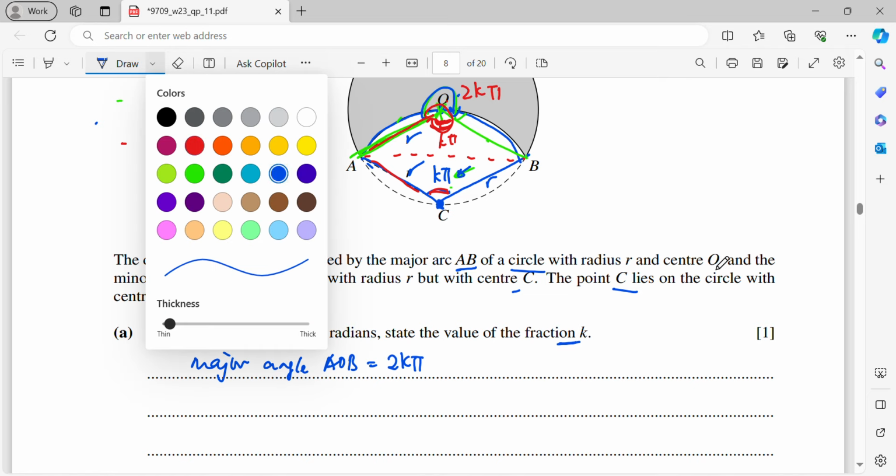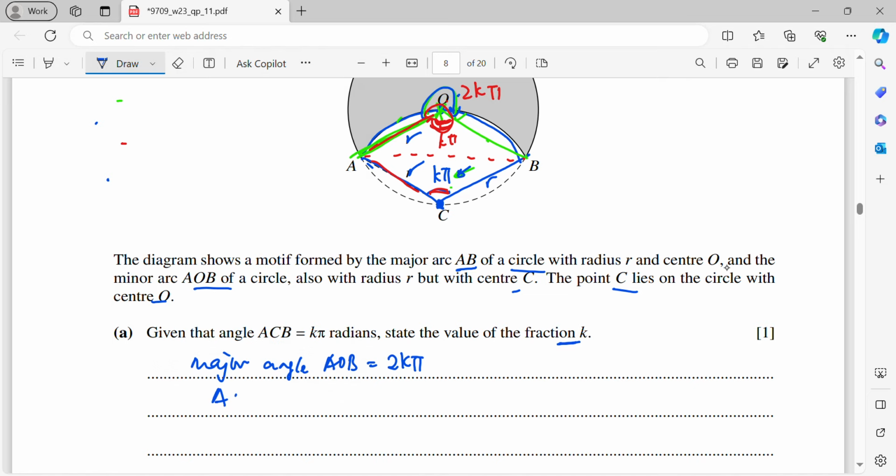Therefore, from here, I will write AO equals AC. That means the other part of angle AOB equals angle ACB. So this is the minor angle, and it will be K pi.